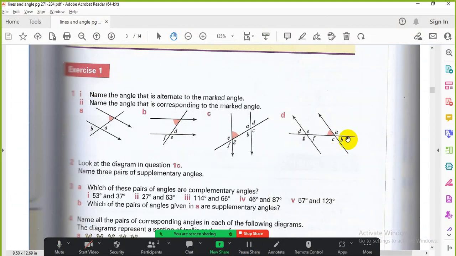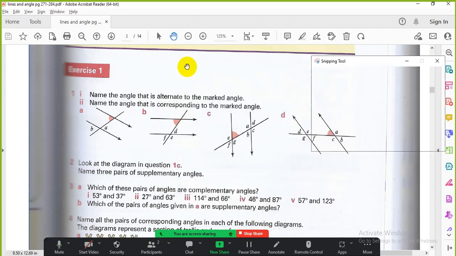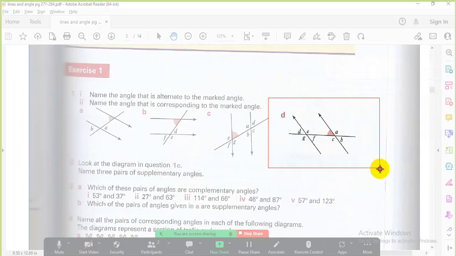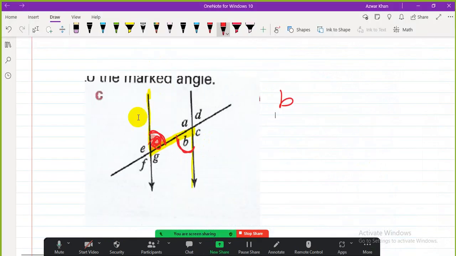Yes, sir. Last one is Z shape. It's C. No. Marked angle is the pink color one. So from the pink color one, you take the shape of Z. So can you tell me which is the correct letter that represents the alternate angle?